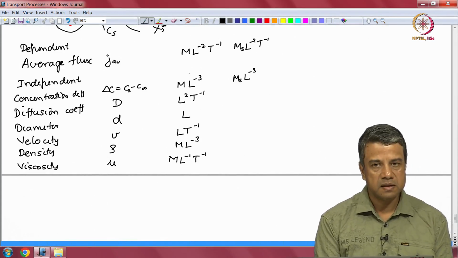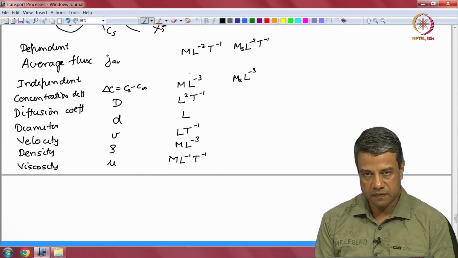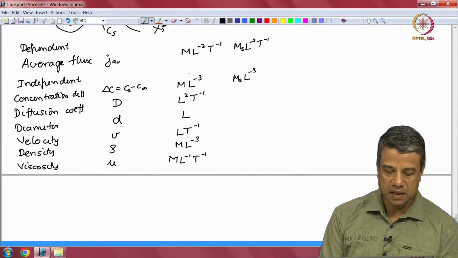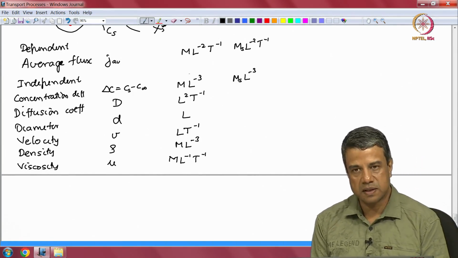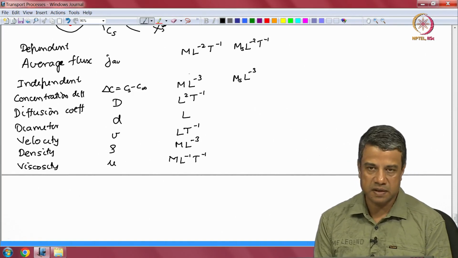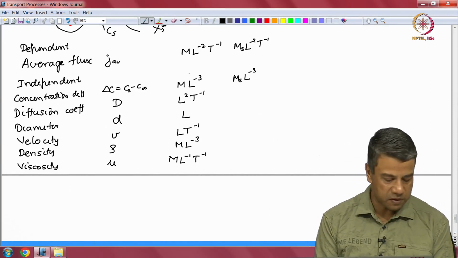So, one of the dimensionless groups has to contain the average flux, and this has the solute mass in it. So, it is dependent upon the concentration difference, the diameter and the diffusion coefficient.